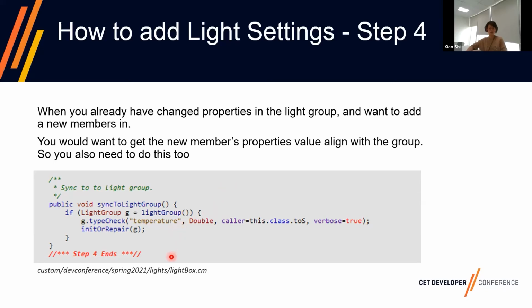And then you need to do the init or repair so that the light group will update the gprop inside of it and synchronize itself to the other members. Yep, and up to now, you have successfully set up your light group, and now your light box will behave the same as the lights in CET.